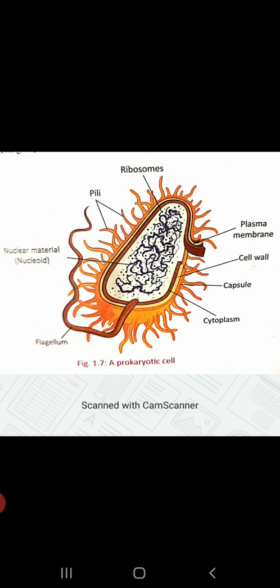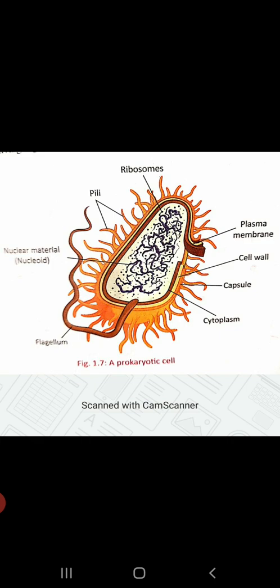Another feature of the prokaryotic cells is that they do not contain any membrane-bound cell organelles present in them. That is mitochondria, Golgi apparatus, endoplasmic reticulum. ये सारे cell organelles prokaryotic cells में absent रहते हैं. There's only one cell organelle present, that is ribosome.